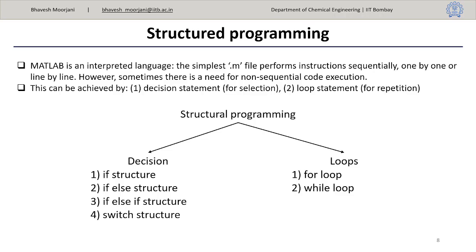Then you have a while loop, which is condition based. Until that condition is true, your while loop will run. Once the condition becomes false, your while loop breaks. So these are the parts of the decision making structure, and the loops are the part of structural programming that we have used to formulate our problems.